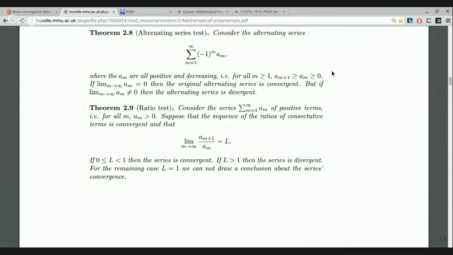So considering this picture, when the AMs do not converge to zero, it suggests why the alternating series diverges in this case. That's when the step size is not converging to zero. So when I do the arrow 0, that will be converging to 0, but when I strike it through, it means it's not converging to 0.